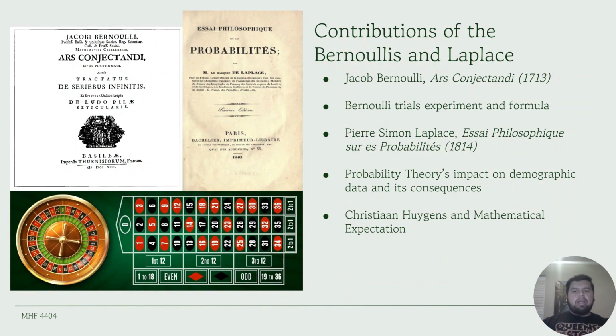We see this sort of recollection and understanding of probability theory with the introduction of the works of James, or Jacob, Bernoulli, as he wrote The Art of Conjecture, where he broke it up into a series of parts. It was at the time considered incomplete, as he had worked on the project for roughly 20 years and was always dissatisfied with how it was turning out.